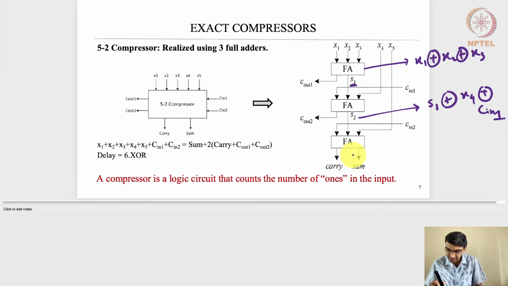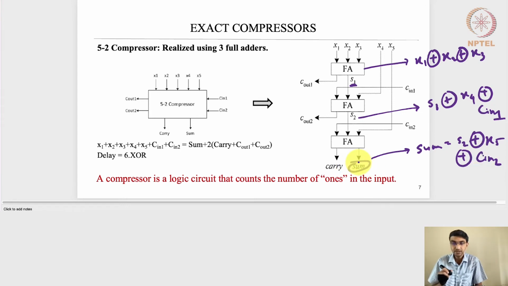And finally, this particular sum will be S2 XOR x5 and then XOR with C in 2. So if I consider the delay associated with extracting the sum output, it will be 1, 2, 3, 4, 5, 6. So there will be 6 XOR gates of delay.